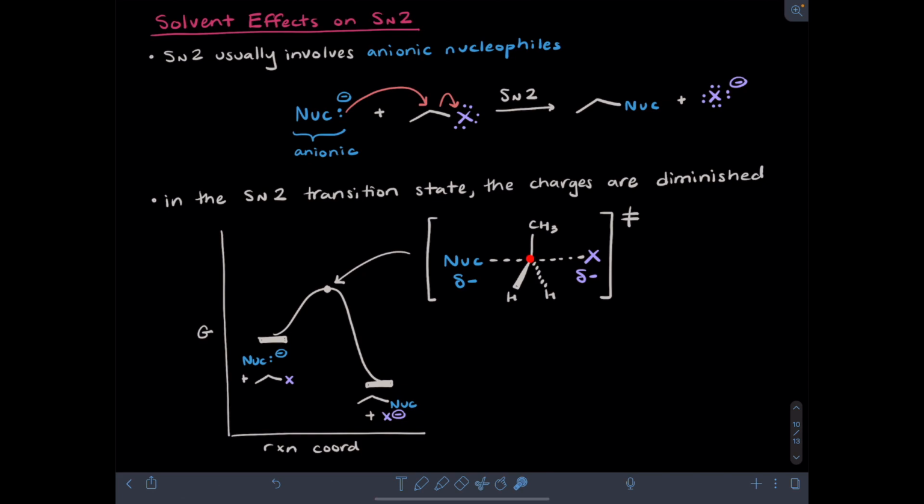You could also draw partial positive on carbon, but it's not going to help us for the solvent effects, so I've omitted it here. The most important thing that I want you to notice is that from the starting material, where I had a full negative charge on the nucleophile, going to the transition state, I have diminished charge. A partial negative is less than a full formal charge of -1.